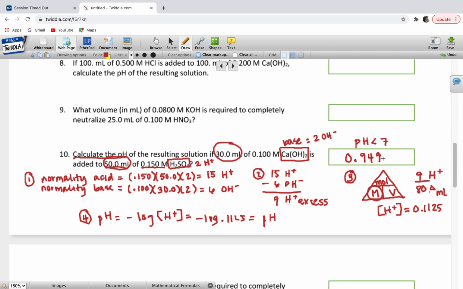Okay? Now you only have to do that for the ones that say calculate the pH. All the ones that say calculate the pH, those are going to be the ones where you have to go through this process right here.